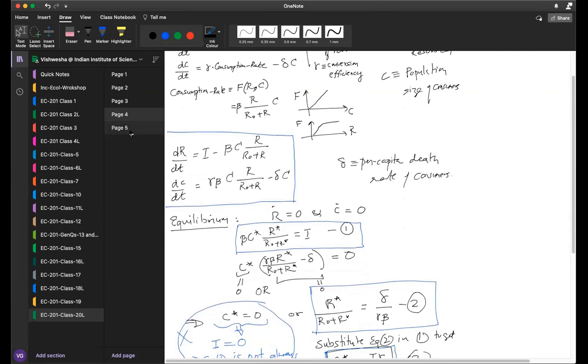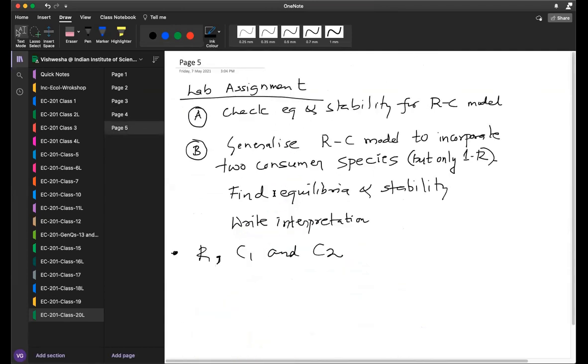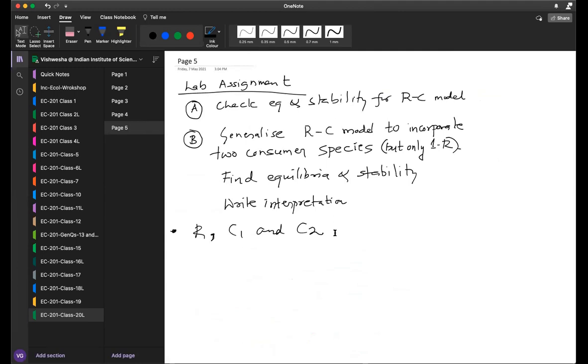Likewise, here you will find features of the Lotka-Volterra competition model, under the condition that both species depend on the resource R. So I would like you to write the three equations now: the equation for R dot, C1 dot and C2 dot.